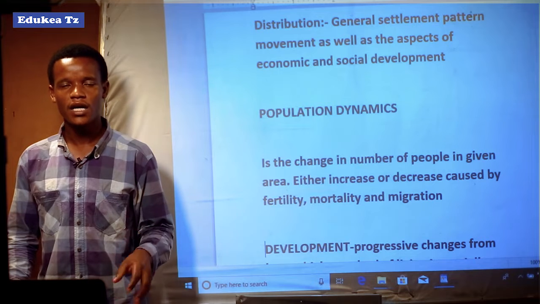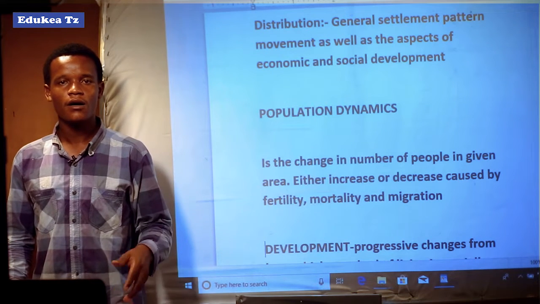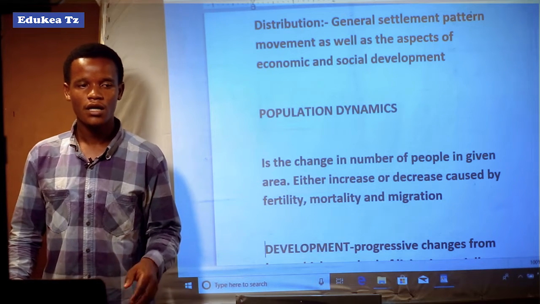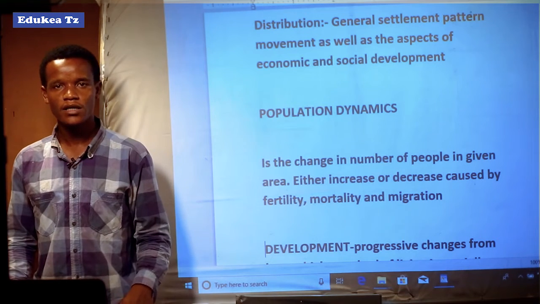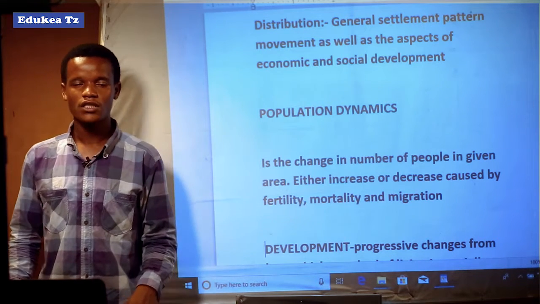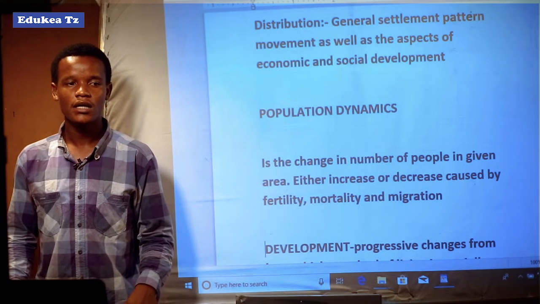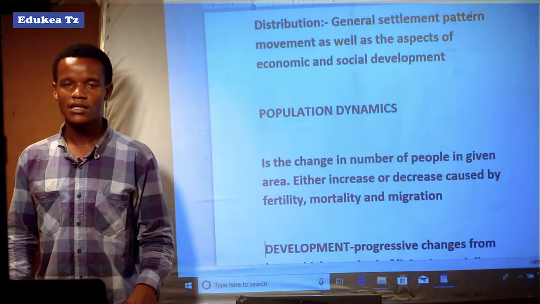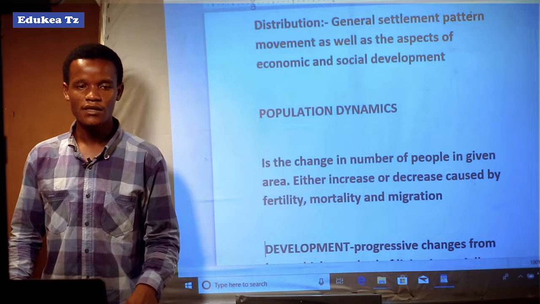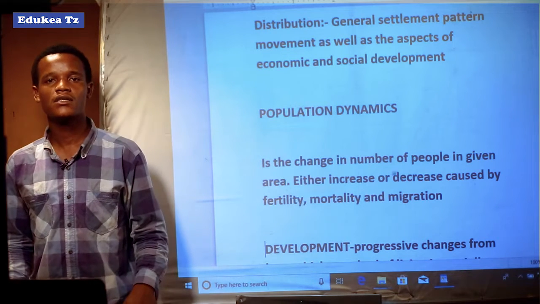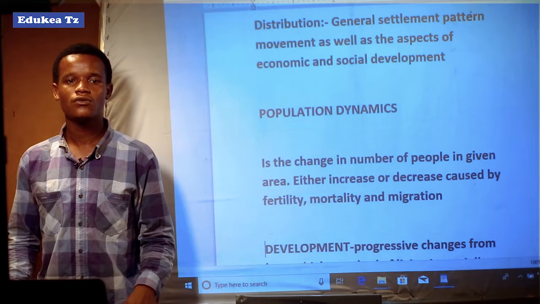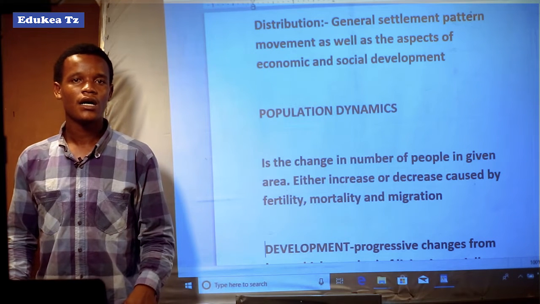There are different reasons that lead people to move from one place to another. There are push factors and pull factors. Among the push factors is political instability. Political instability tends to push people to move to other areas. Another factor is natural disasters like floods, sea, thunder, and so on. Those act as push factors that lead people to move to other areas.